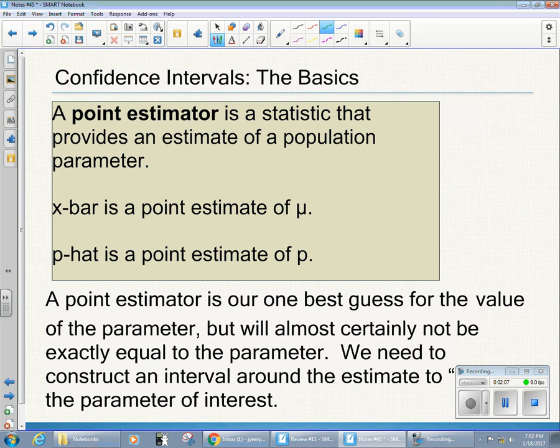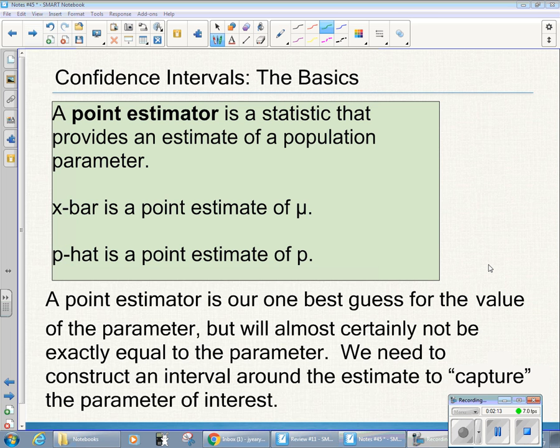Today's going to be very informational. The first thing, because you don't have enough vocab on your plate already, is we are going to define the term point estimator as a statistic that provides an estimate of a population parameter. So, fancy name, another way of saying that x bar is a point estimate for the parameter mu.